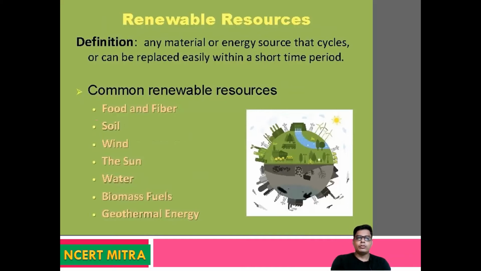Common renewable resources are food and fiber, soil, wind, solar energy, water, biomass fuels, and geothermal energy. All these can be renewed easily. So on the basis of exhaustibility, resources can be classified into non-renewable and renewable resources. This we have to understand well.